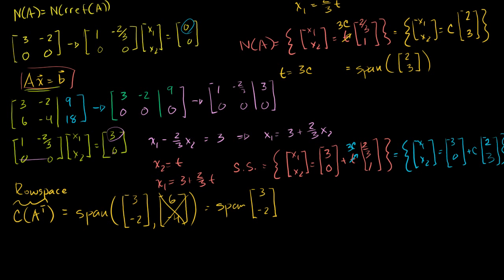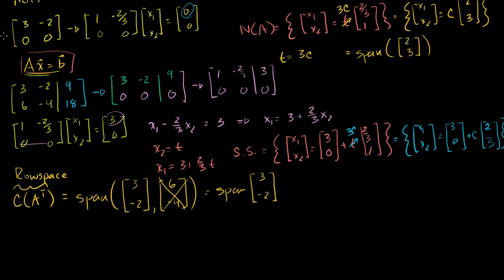Now let's graph all of these. We have the row space, we have the solution set, and we have the null space. We can make a reasonable graph of this. I have my vertical axis and my horizontal axis. What does the null space look like? It's all the multiples of 2, 3.